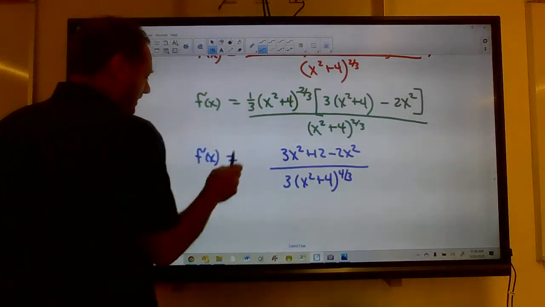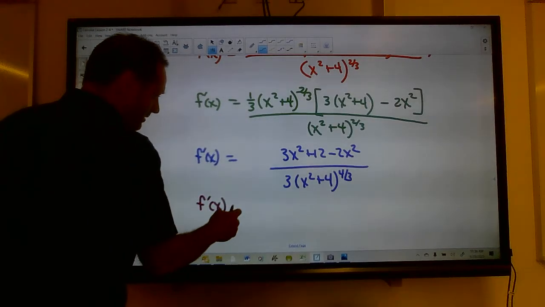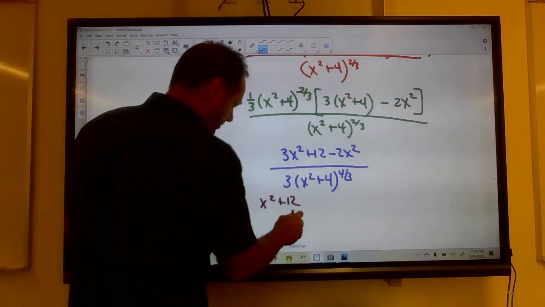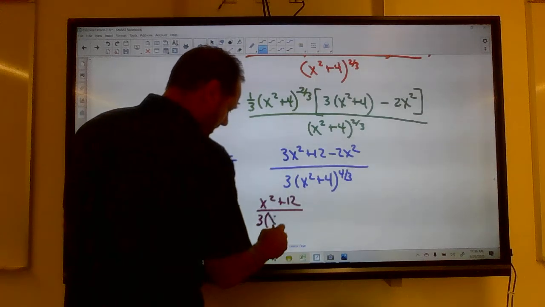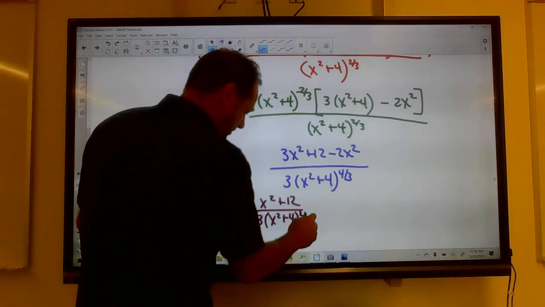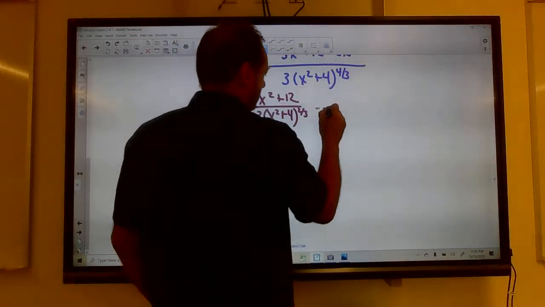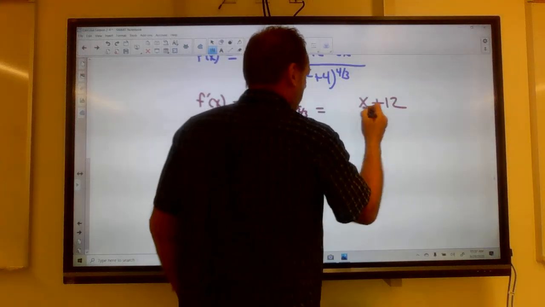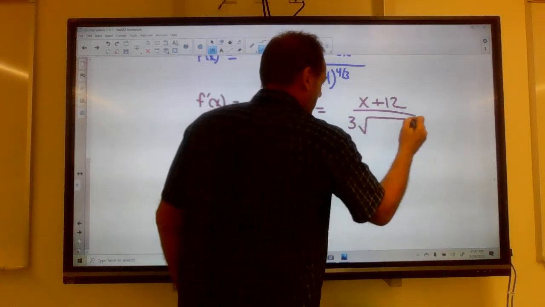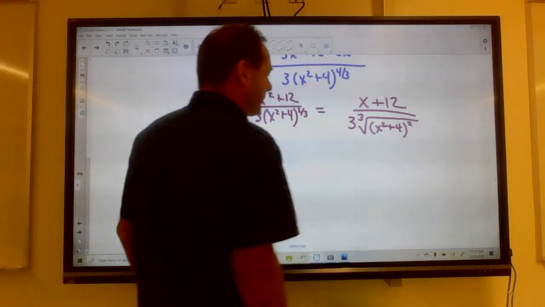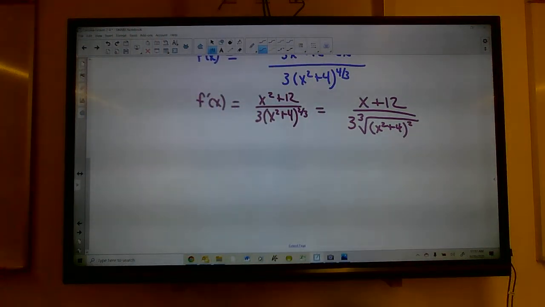I can go ahead and combine my like terms. 3x squared minus 2x squared is just x squared plus 12 over 3 times x squared plus 4 to the 2/3 power. You could rewrite that if you really wanted to be x squared plus 12 over 3 times the cube root of x squared plus 4 squared. That's the same thing. Okay, that is a tough problem with very difficult algebra.